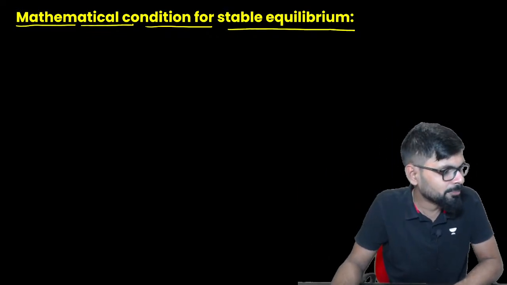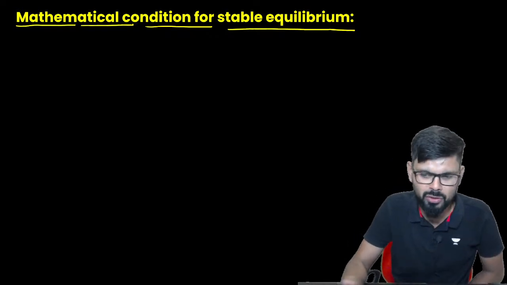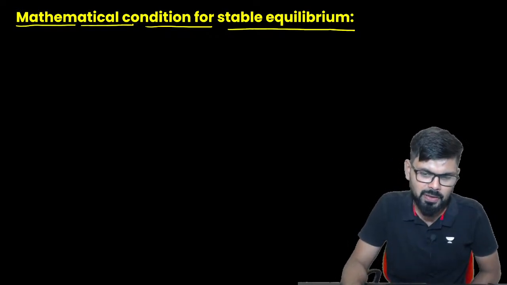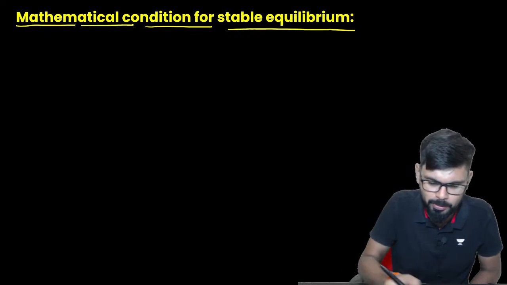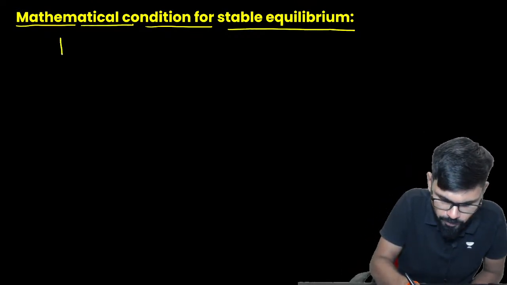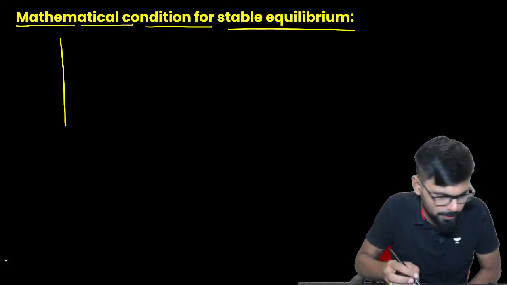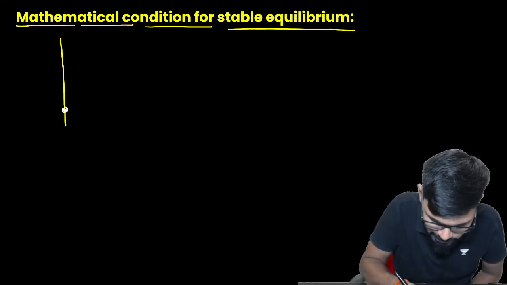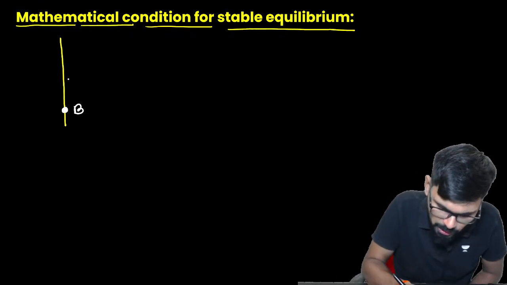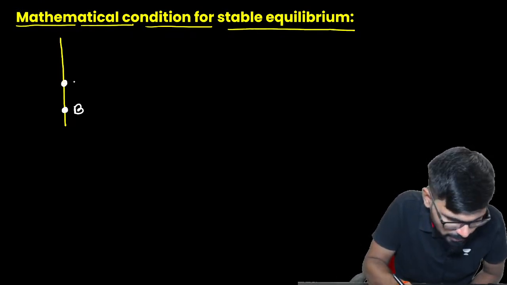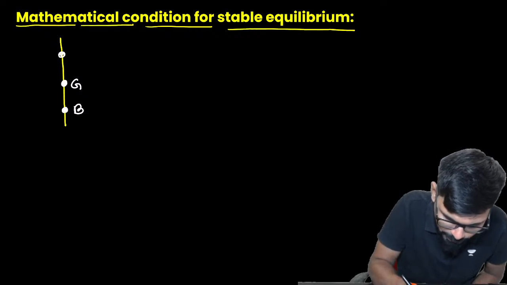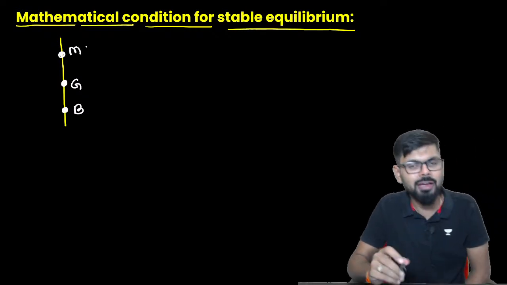Now we will see the mathematical condition, and we are discussing only stable equilibrium here. For stable equilibrium, let's say this is B, this is G, and this is M. We have to find out the GM value.